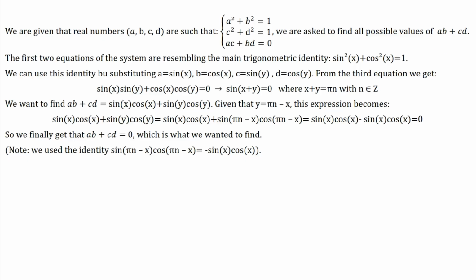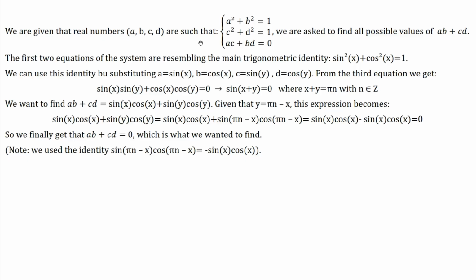Now, the first two equations of the system are very familiar for someone who is passionate about mathematics and has done mathematical competitions, because they resemble the main trigonometric identity: sine x squared plus cosine x squared is equal to 1. So we can use this identity to see how we can find the value of ab plus cd.